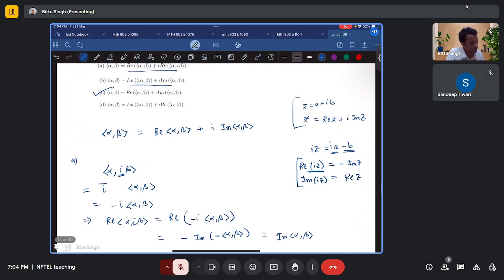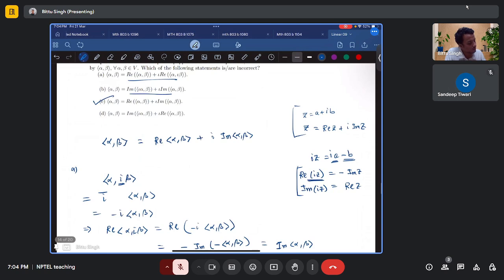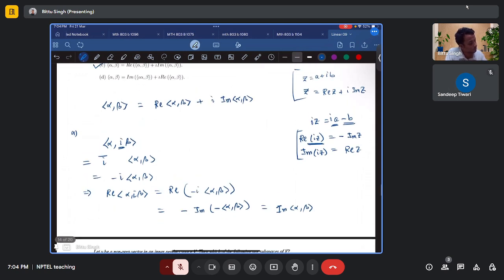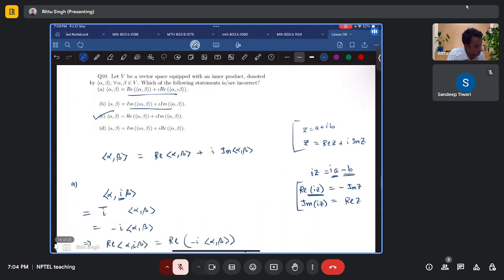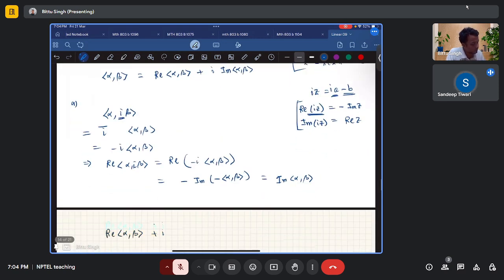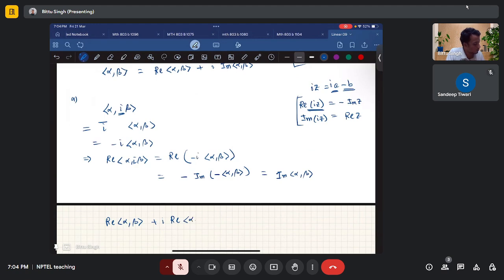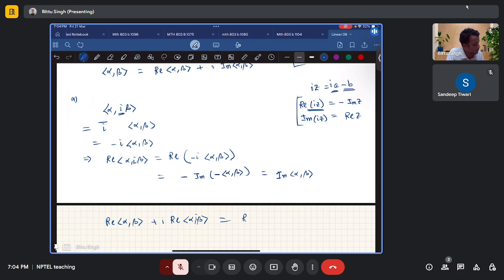So from here it is clear that real alpha beta plus i times real alpha comma i beta is the same as real alpha beta plus i times imaginary alpha beta, using that equation star.